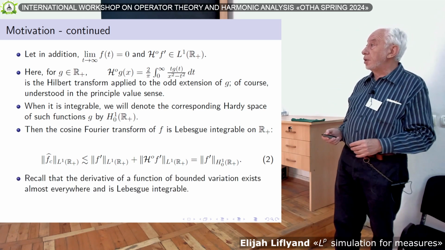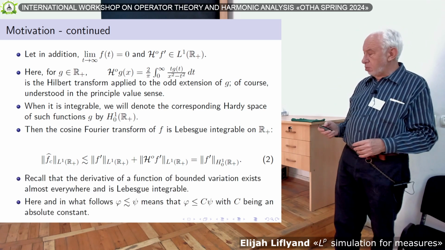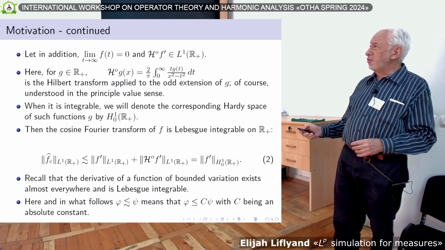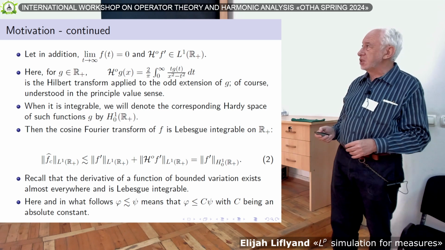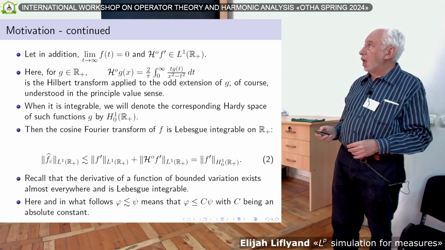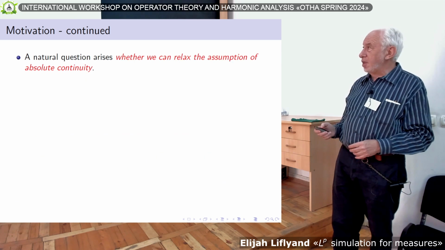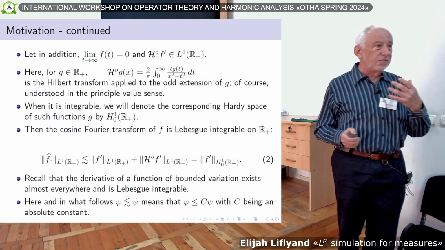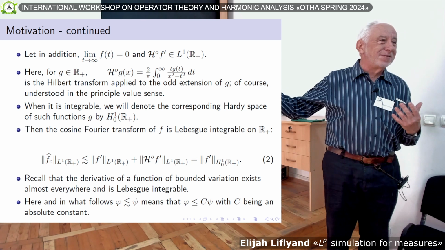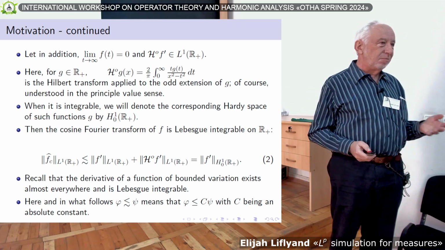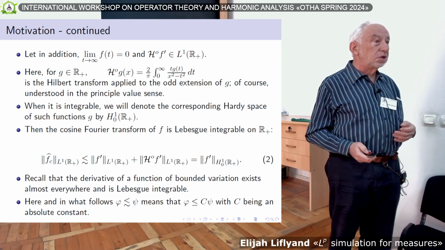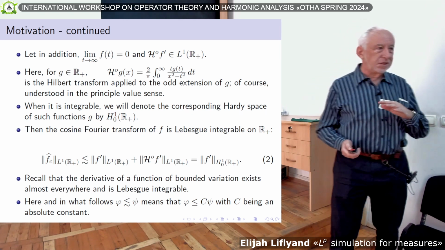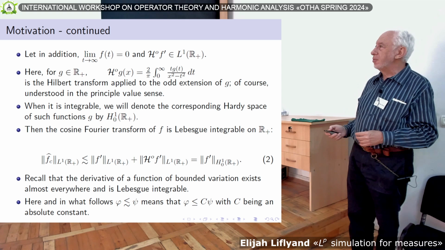We will use this sign, trying to avoid explicit constants. By the way, in the case of the cosine Fourier transform, this fact is just integration by parts and application of the so-called Hardy inequality. The proof is very easy.